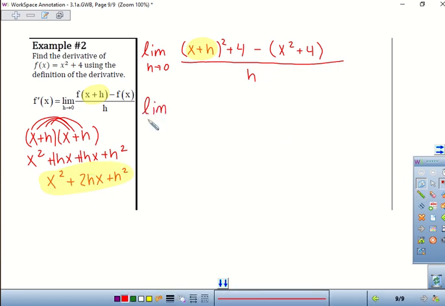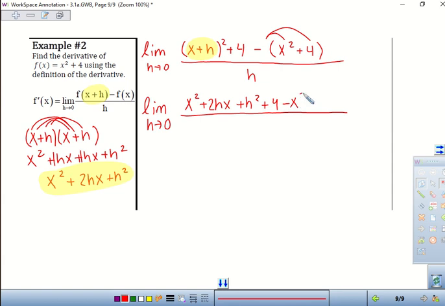So I get the limit as h approaches 0, x squared plus 2hx plus h squared plus that 4, and then I distribute this negative, minus x squared minus 4, over h.